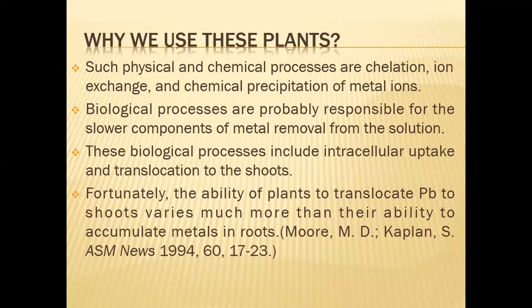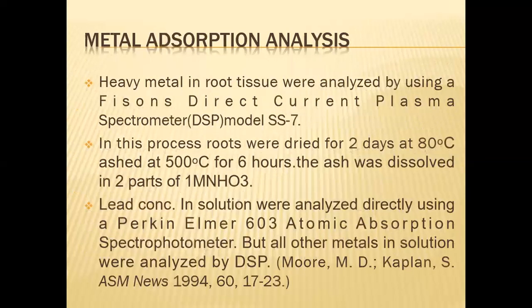Fortunately, the ability of plants to translocate lead to shoots varies much more than their ability to accumulate metals in roots. These are the specific properties due to which we use specific plants for the removal of heavy metals. Moving to the next slide, metal adsorption analysis.